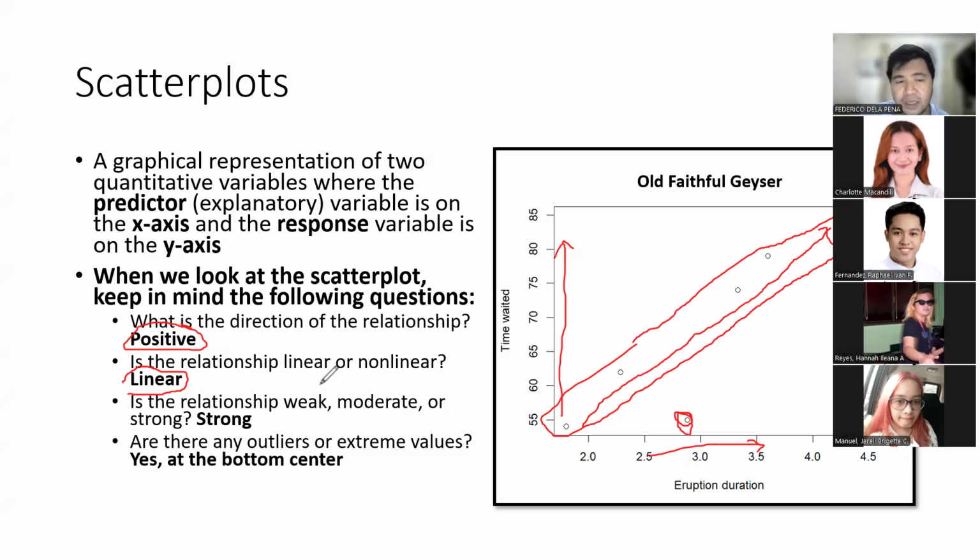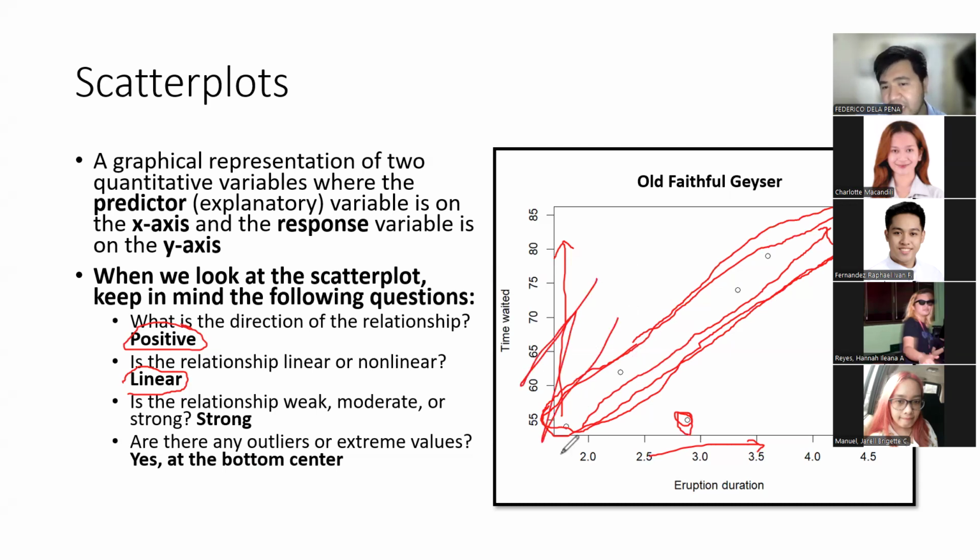In terms of the strength of the relationship, we can see that most of the area of the chart is more or less continuous, the values more or less line up together, right?